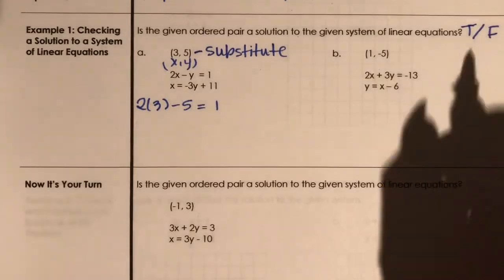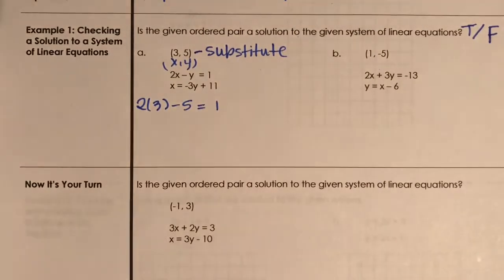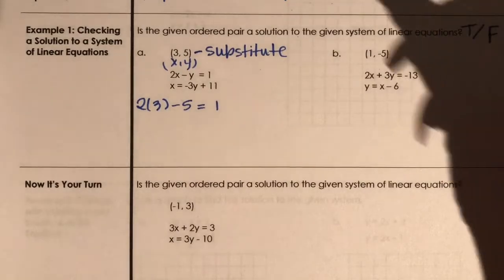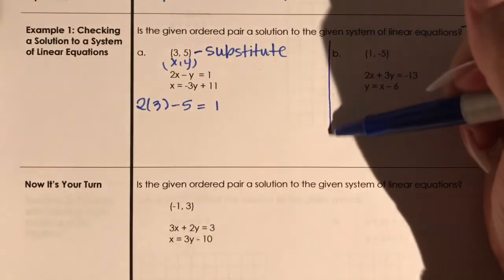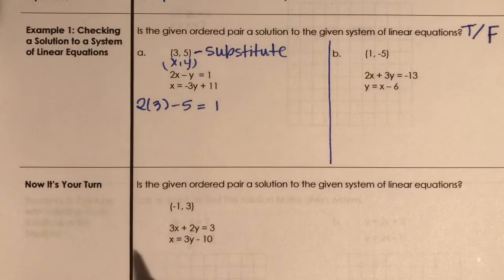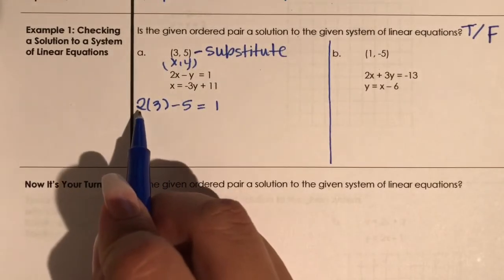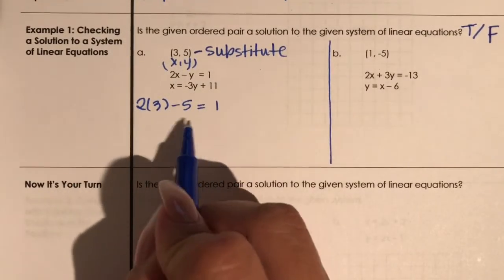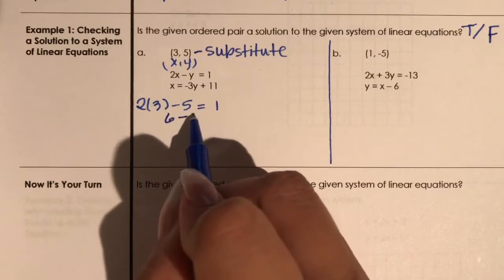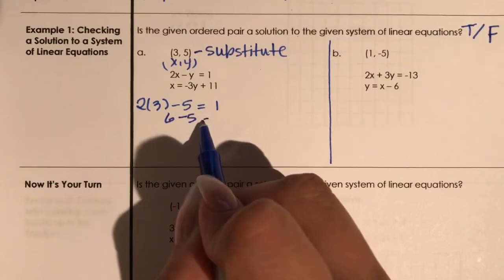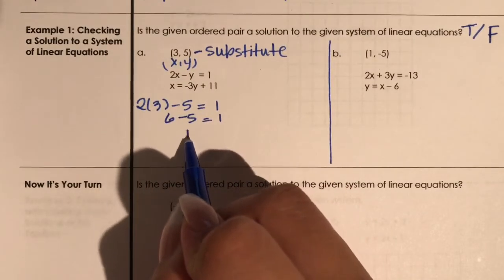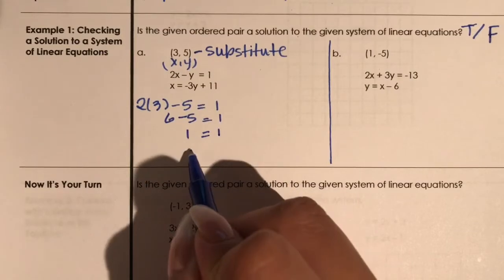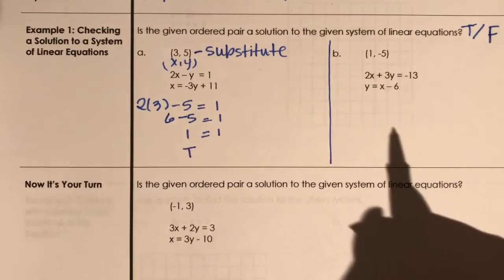They have to be true for both equations, or for however many equations you were given. So let's look at A first. That's 2 times 3 minus 5 equals 1. 6 minus 5 equals 1. 1 equals 1. This is true.